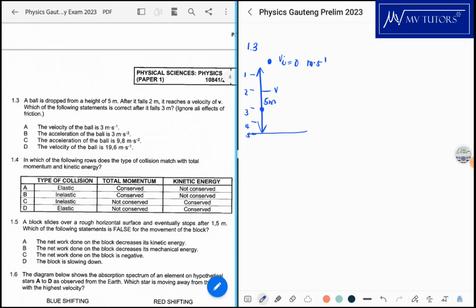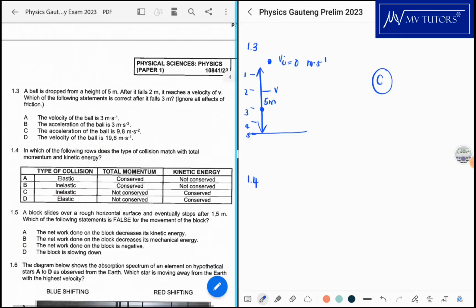The only force acting on this projectile motion is gravitational force, and the acceleration should be 9,8, like it says on C. So the acceleration is 9.8. That is true. The velocity of the ball is that? No. So C in this case would be the correct answer.